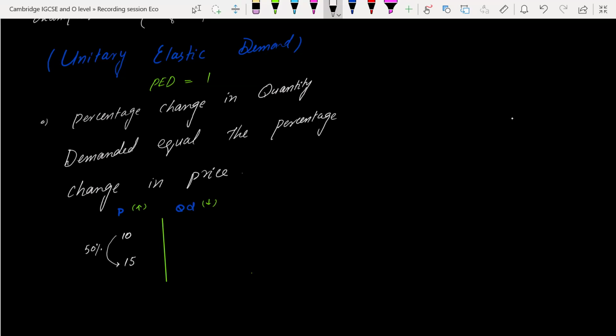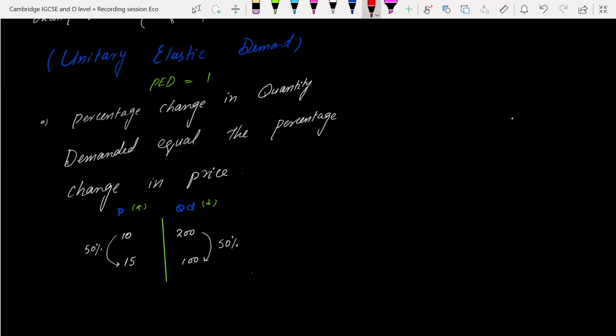On the other hand, when the price was 10, the quantity demanded was 200; when the price increases, the quantity demand will fall to 100. So you can check this one is a 50% fall, meaning the same change happens on both sides.